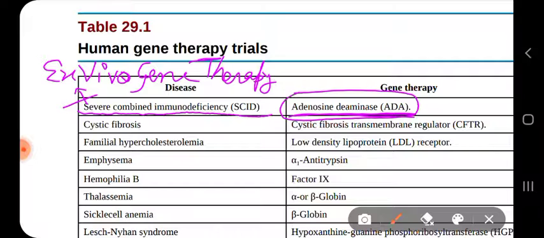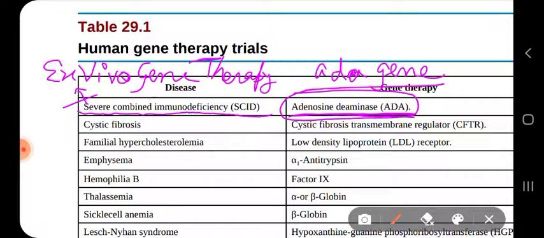The gene name is ADA gene in small letters. You should write the gene names in small letters. Sometimes capital letters are also used. So the gene responsible for this severe combined immunodeficiency is ADA, adenosine deaminase.